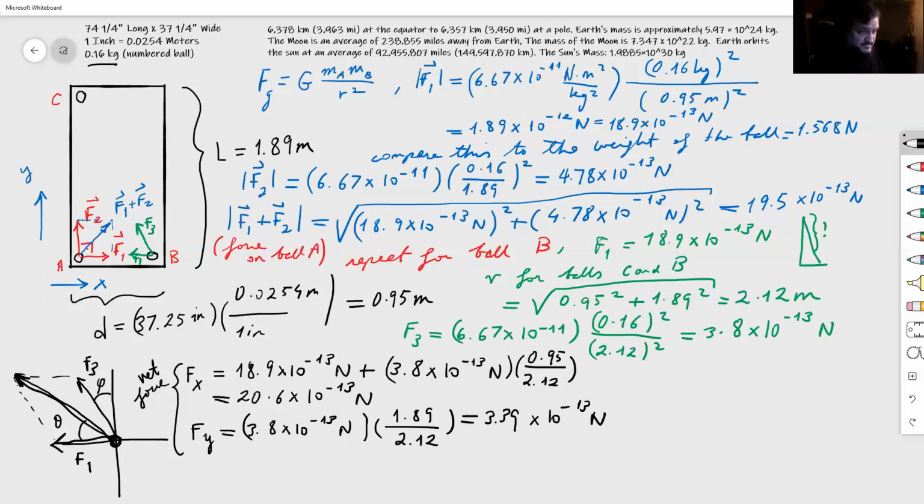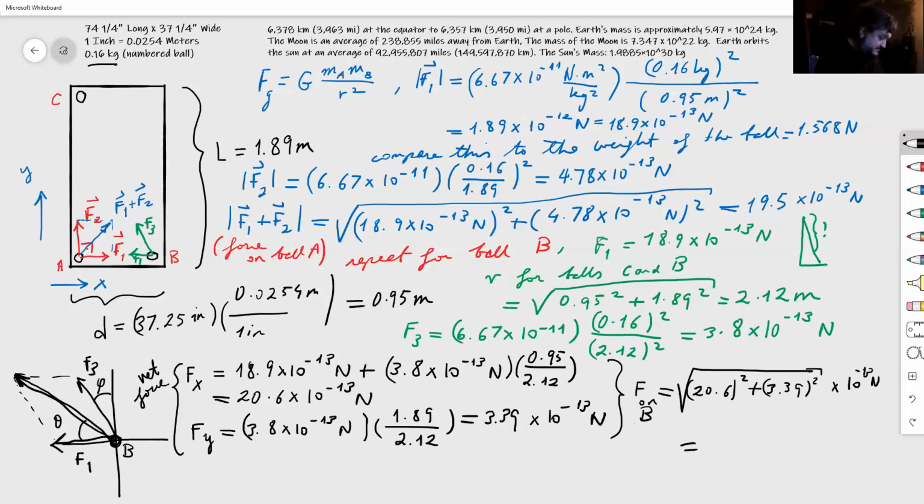Okay, so now that I have these two, F on B due to A and C is the square root of 20.6 squared plus 3.39 squared, times 10 to the negative 13 newtons. So 20.6 squared plus 3.39 squared.